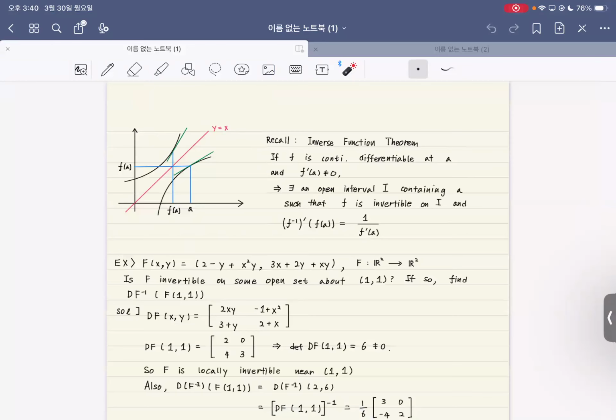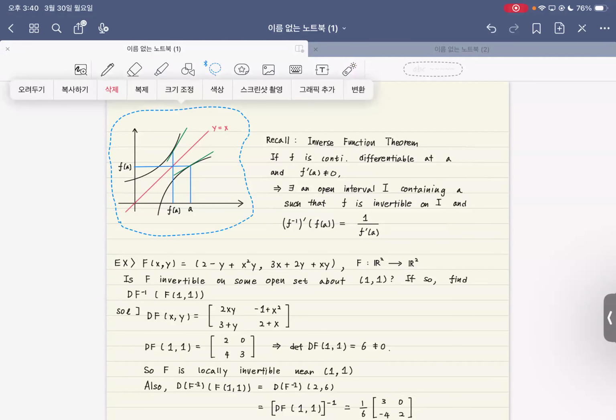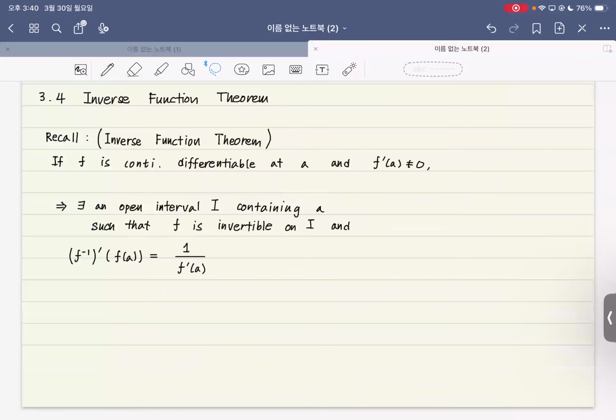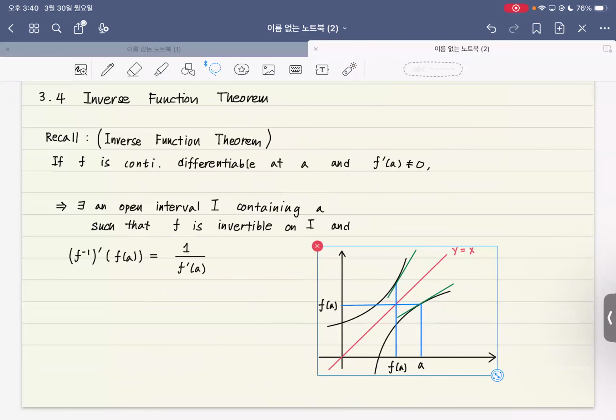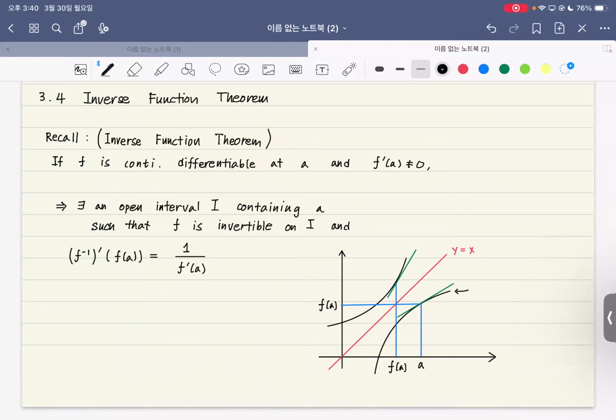For those of you who do not remember this, I prepared a little picture. So let me say this is the graph of y equals f of x.